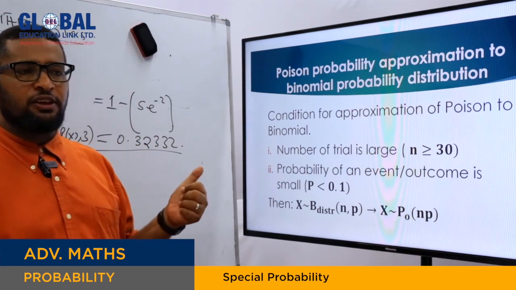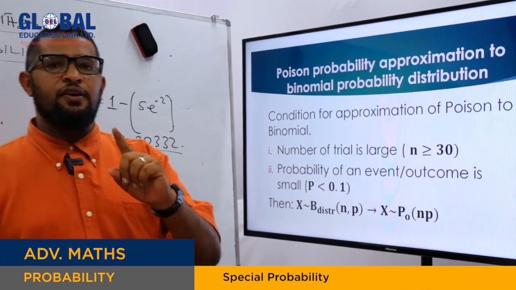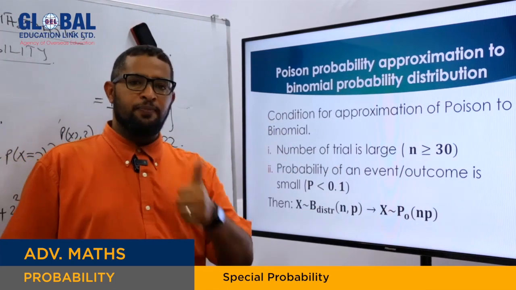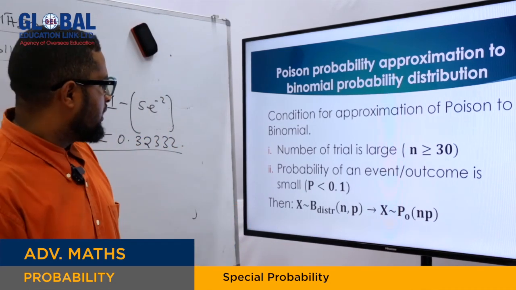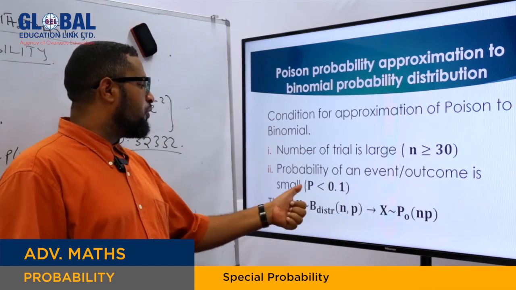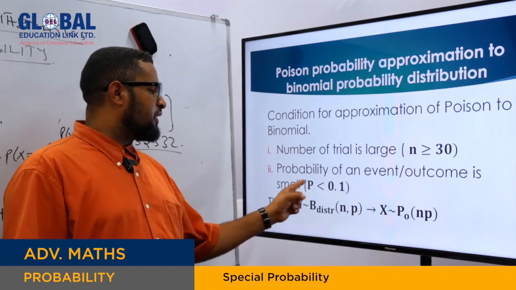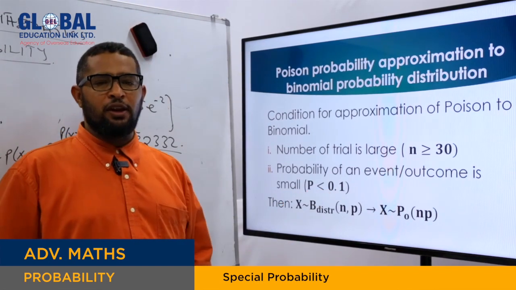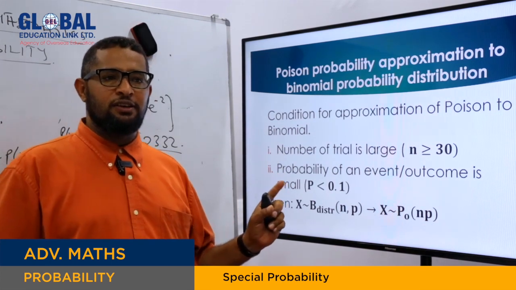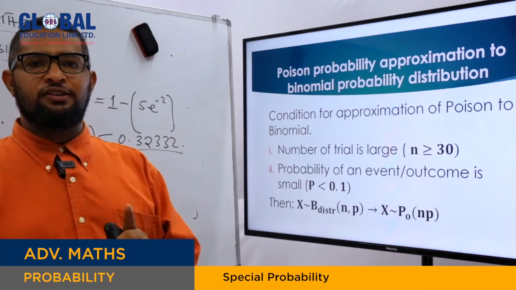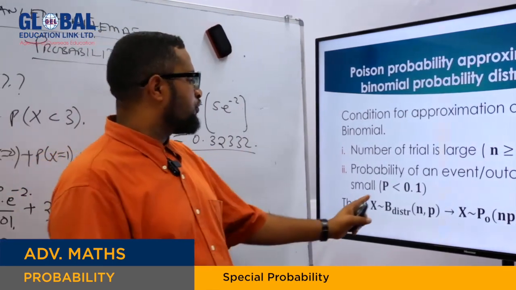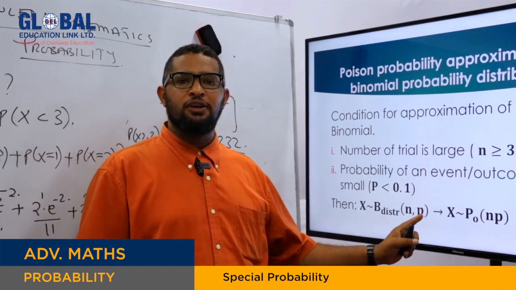In our question, the number of trials is 100, so this condition is satisfied. Number 2, the probability of an event or outcome is small, probability of success less than 0.1. You are given 2.5%. Changing 2.5% gives you 0.025, and that is also less than 0.1.